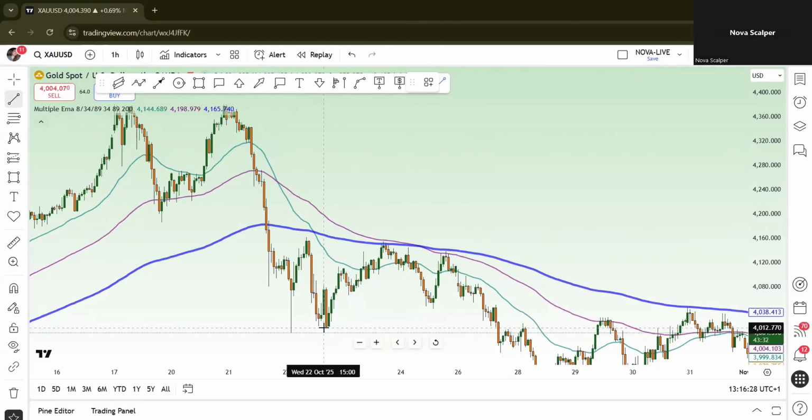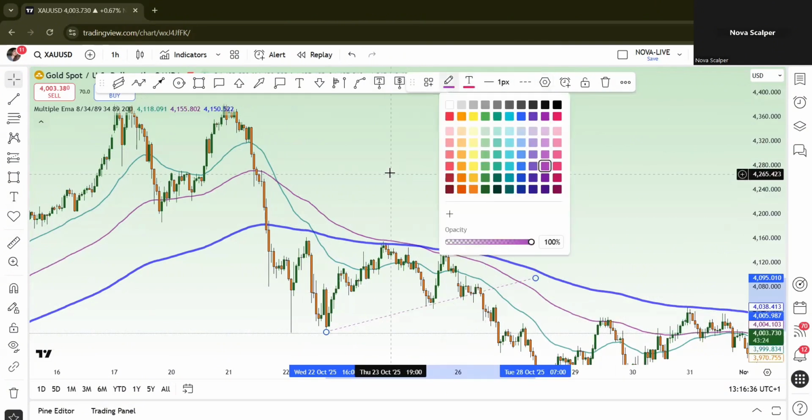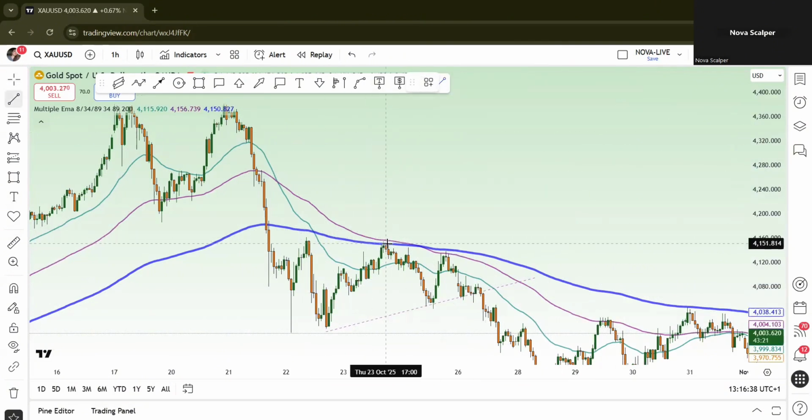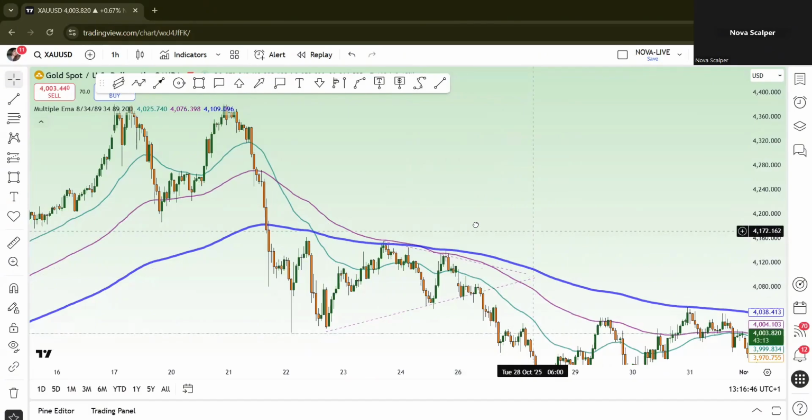So we can connect the lows together, and then we do the similar action with the highs, connecting the highs together.